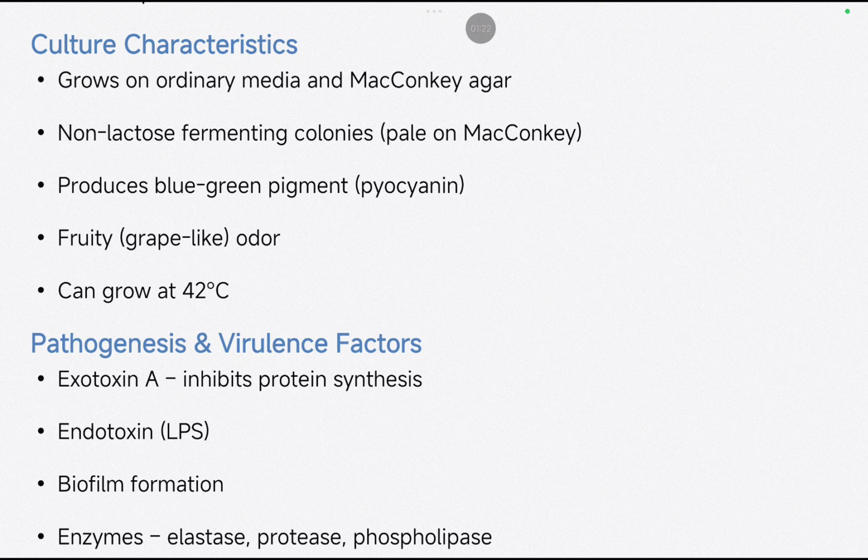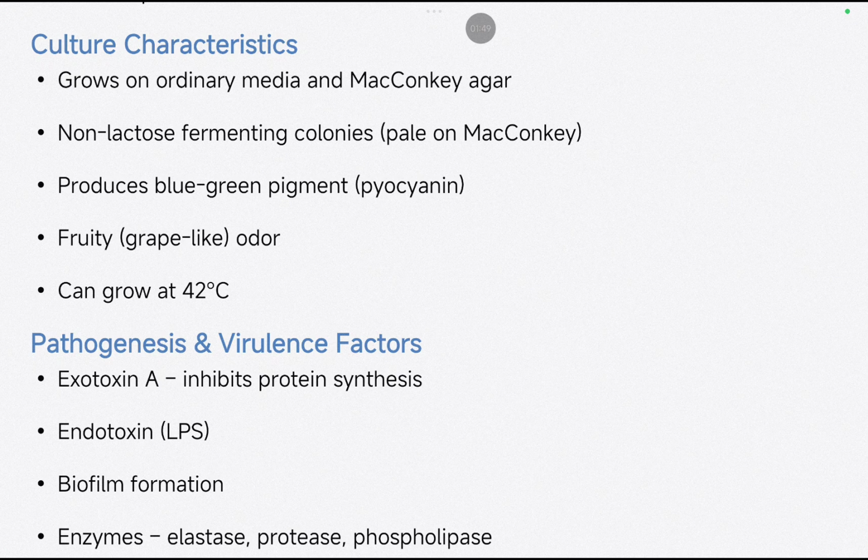Then it does differentiation. Differentiation simply means that each species would grow differently. They will show different properties and characteristics, just like in a bus, where some people sit in the back, some in the middle, some in the front.